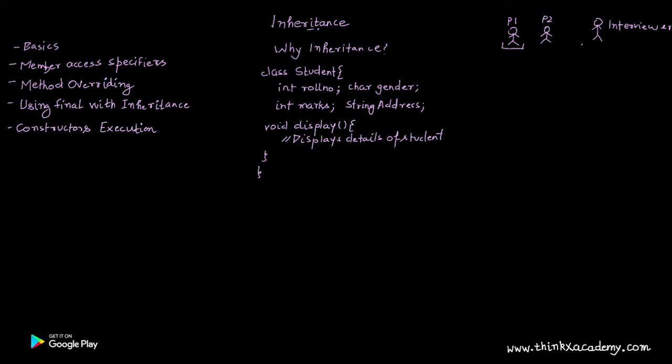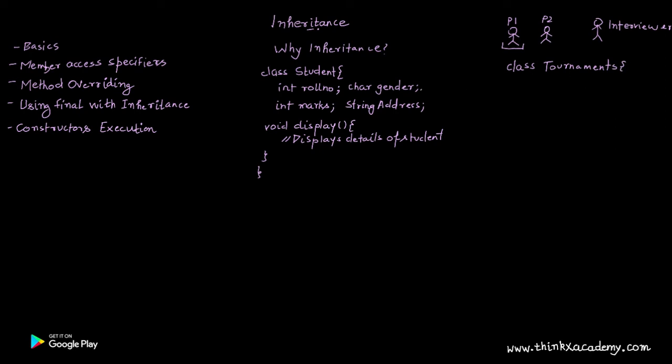So the interviewer gives a task to the programmer 1 that you are given this class student, and now you will have to create a class tournaments, and this class tournaments will have all the variables and this function display also.